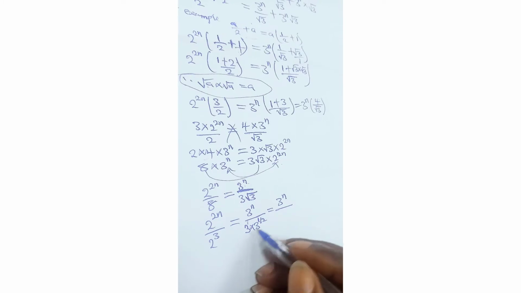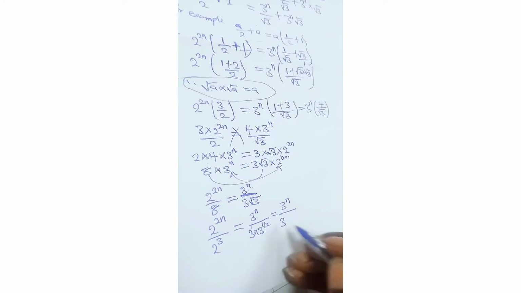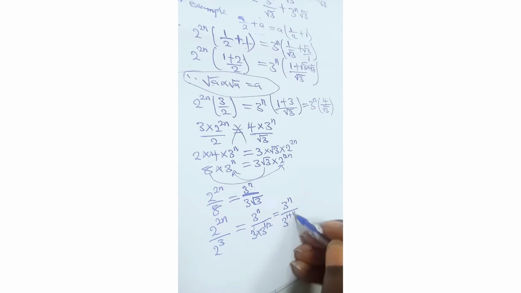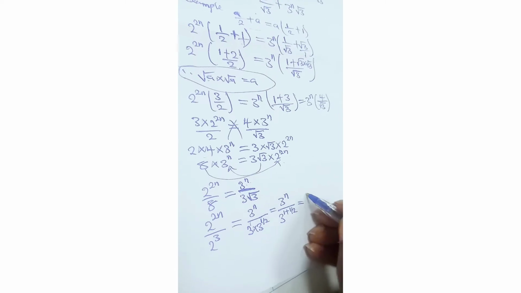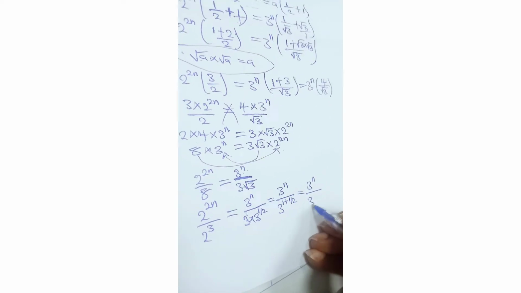So when we pick a single base, this multiplication law of indices, when we pick a single base which is 3, then you are going to have 1 plus 1 over 2, and this is going to give you 3 raised to power n over 3.